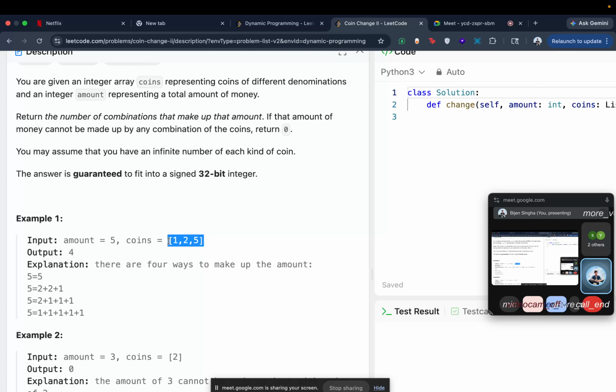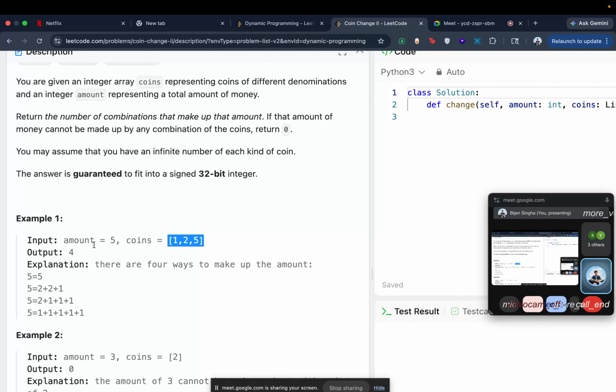But here we will find how many ways you can make that amount. For example, the amount is 5 and you have to find out how many ways there are to make it possible. There are infinite coins of 1, infinite coins of 2, and infinite coins of 5.